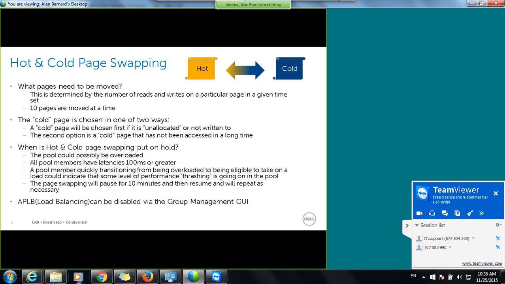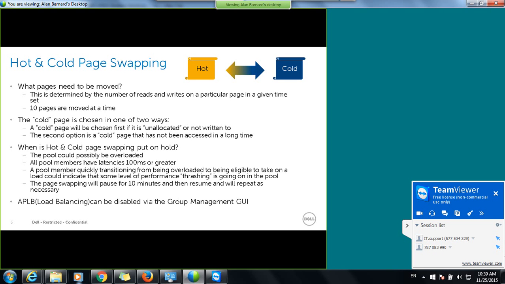The third one is when a pool transitions from being overloaded to available. That will take a bit of time before it continues doing hot and cold page swapping. Lastly, page swapping will pause for 10 minutes and then resume, and will repeat as necessary.